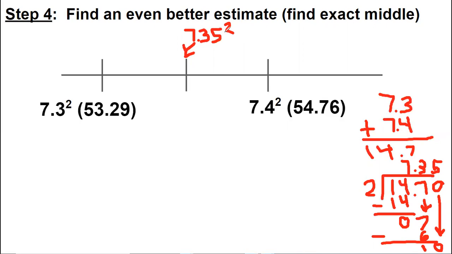And 7.35, if you square it, is going to give you, and I'll put that in parentheses, 54.0225. I actually probably have this so the computer will write that, but let's just see.